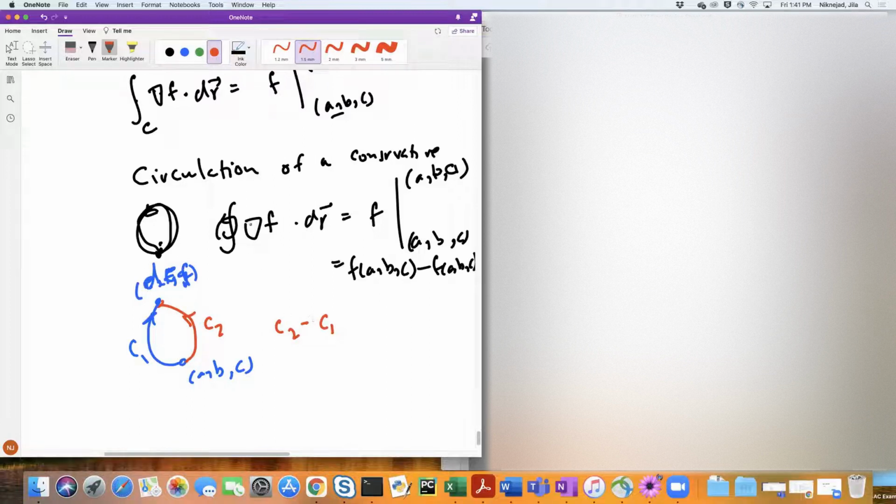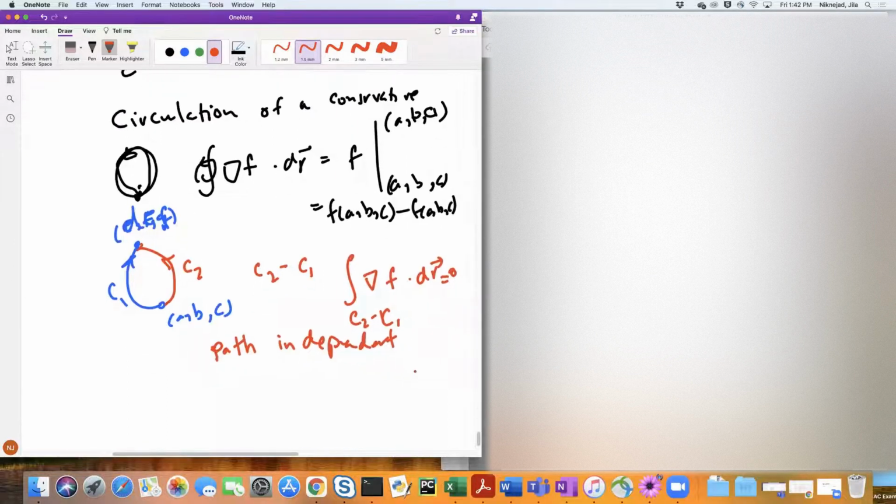And so the line integral over C2 minus C1 of the conservative field is going to be 0. And that's why the conservative fields are path independent. So that's part of the story.